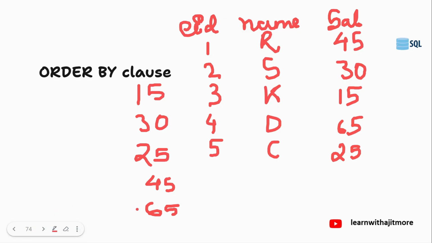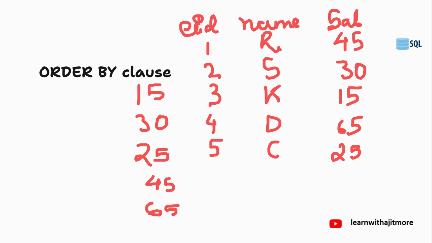Otherwise, it will be very funny, guys. Just imagine, only salary rearranged and all these other things remained there. Ram's salary was 45, it will now look like 15. Suppose the other values remain there and only salary gets sorted.